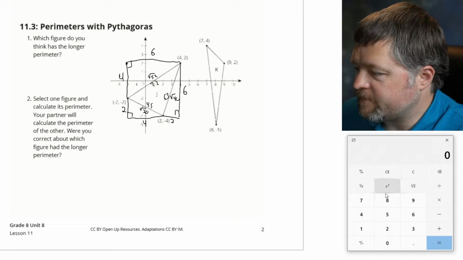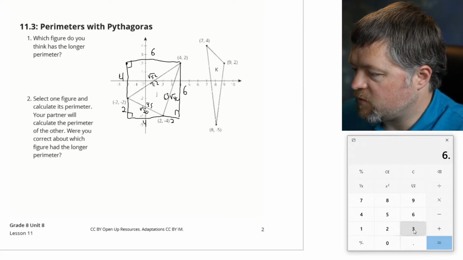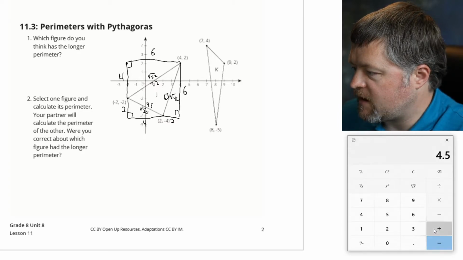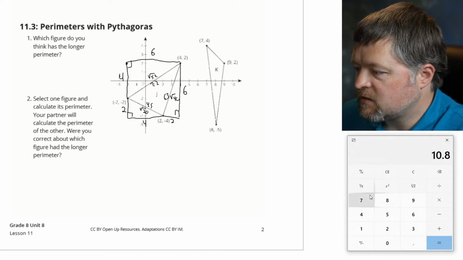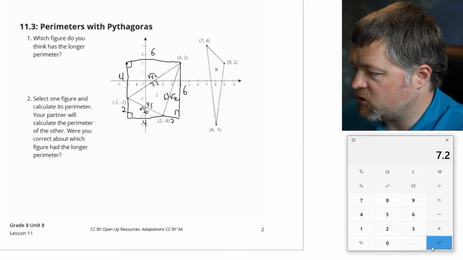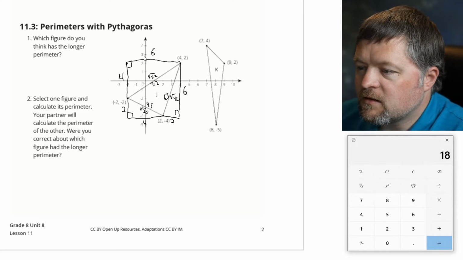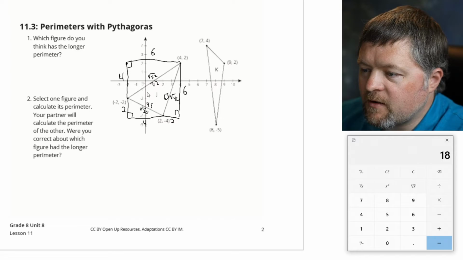Add all those up. 6.3 plus 4.5 plus 7.2. This has a perimeter of about 18.